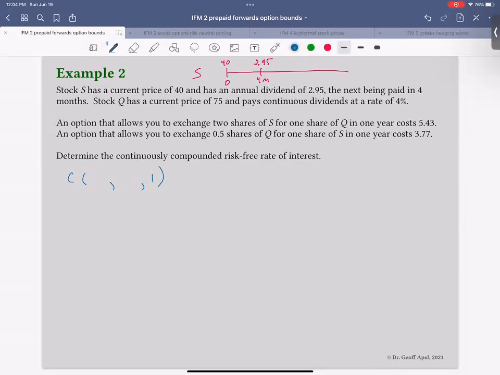So let's think about this word exchange. It allows me to exchange 2 of this for 1 of that. We can think of ourselves going to Starbucks. When you go to Starbucks and buy coffee, what do you exchange? I exchange money for coffee, right?